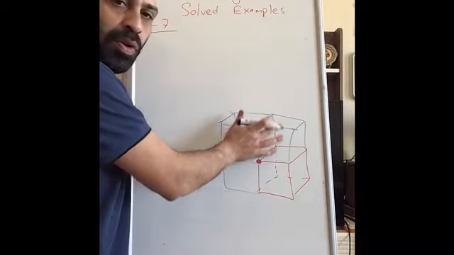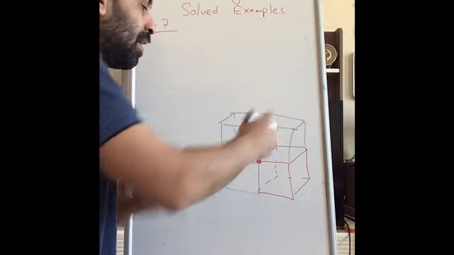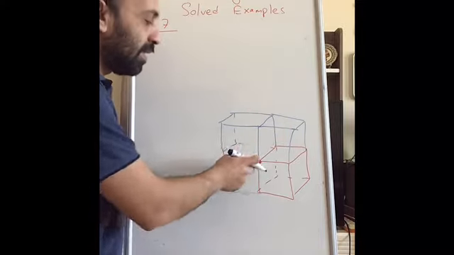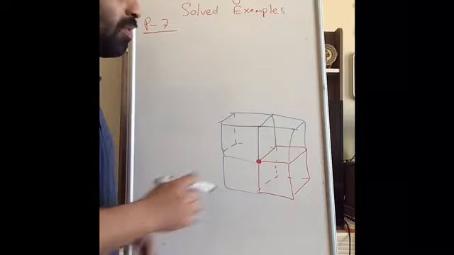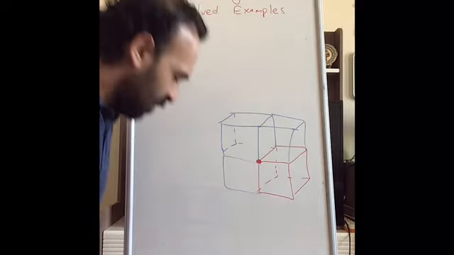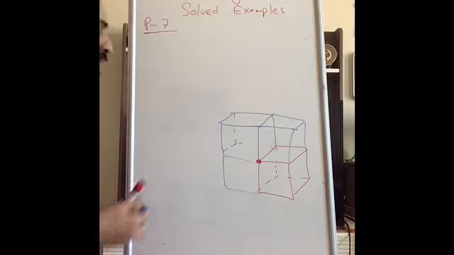Then if I put 4 more cubes like this, you are going to have 8 cubes and this point-like charge at the center of this large one. So for the 8 cubes, let me just make some notes.